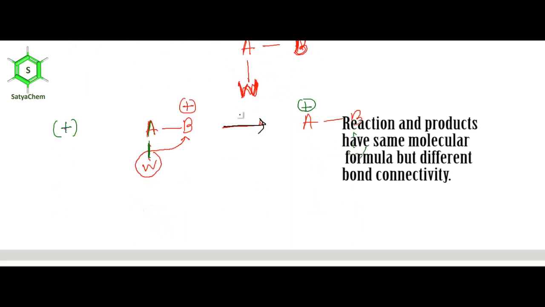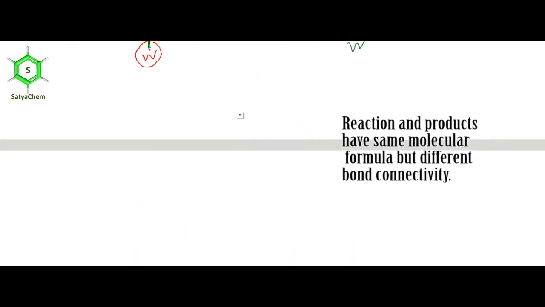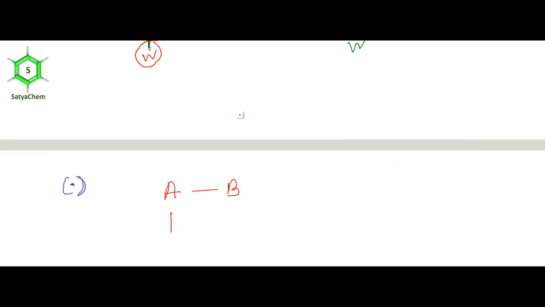Now we'll consider the second option. What is the second option? That B carries an unpaired electron. A-B bond, A-W bond, and B carries an unpaired electron. Now what will happen? W moves to B by taking one electron from the AW bond.